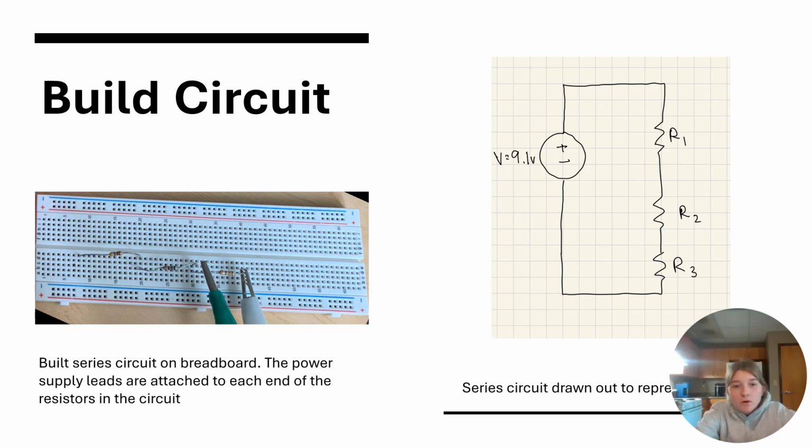So for example, R1 is placed in E20, and then the left of R2 is placed in C20. And so that's shown here. This is E20 and this is C20. The power supply is going to go to the left side of R1, and the other power supply source is going to go on the right side of R3.